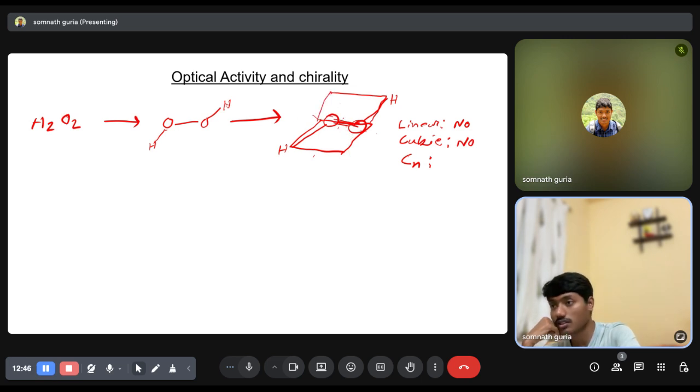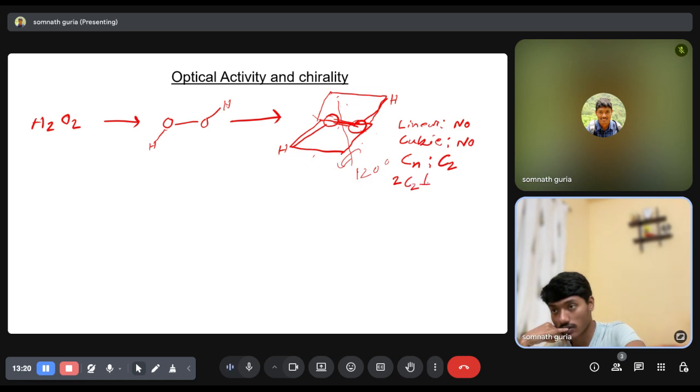This is the axis we are talking about. If we rotate it, this hydrogen goes to this direction, this hydrogen goes to this direction, and it comes back to that direction and will come over here. So it has C2.